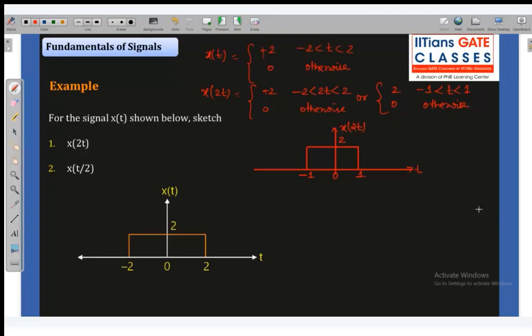So obviously the area will change. The area is now 4. Previously the area was 8.